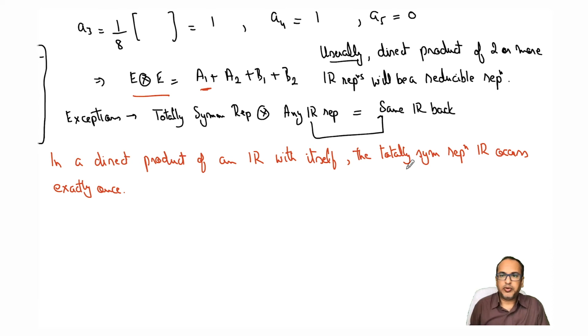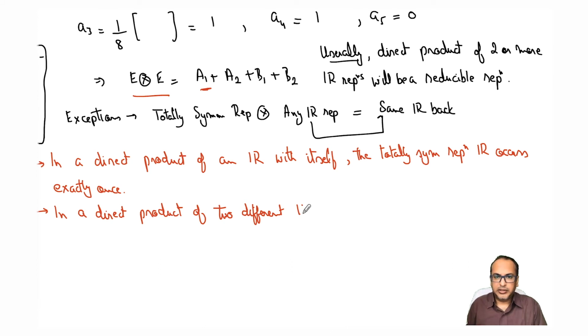We will show both of these rules in one go, so I'm just writing them together. In a direct product of two different IRs, the totally symmetric representation never occurs.